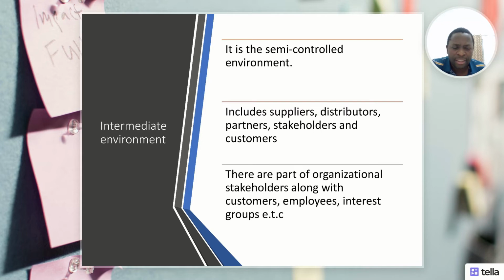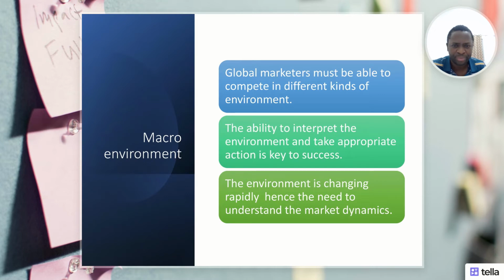The intermediate environment is what we call the semi-controlled environment. It also includes the distributors, partners, and stakeholders. They are part of the organizational stakeholders, along with the employees, the customers, and the different interest groups which may exist.